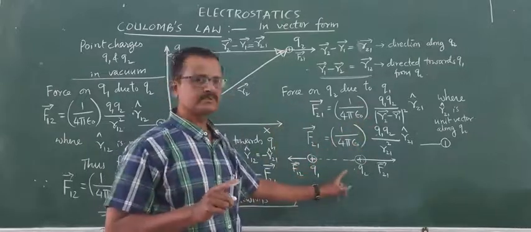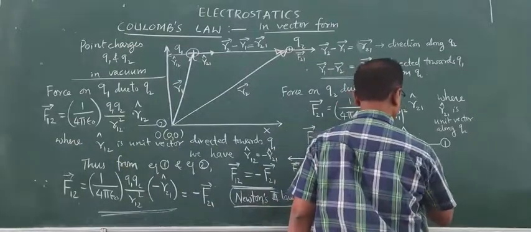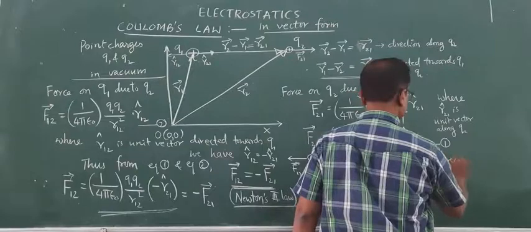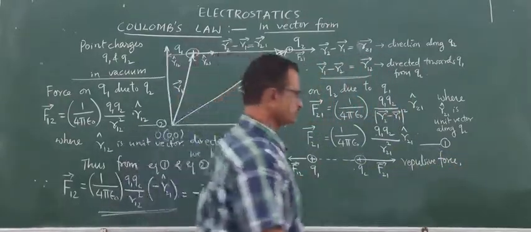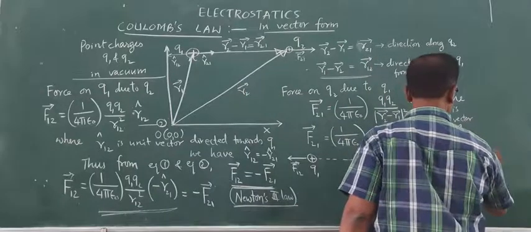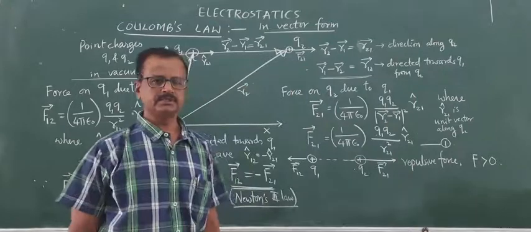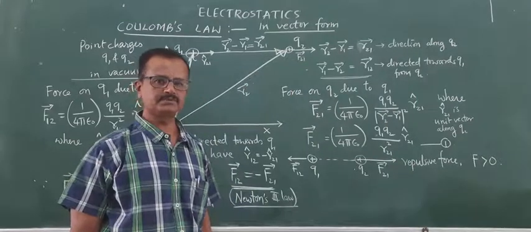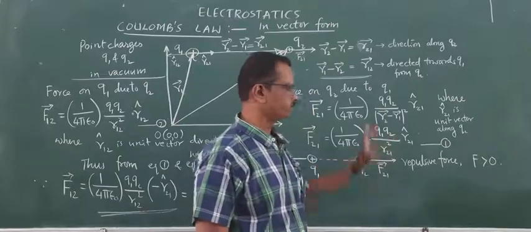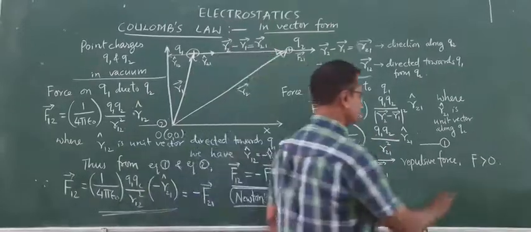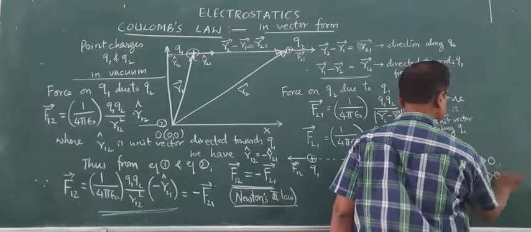This is the representation of repulsive force. Force is repulsive if and only if it is positive, because in that case the product Q1 Q2 is positive.